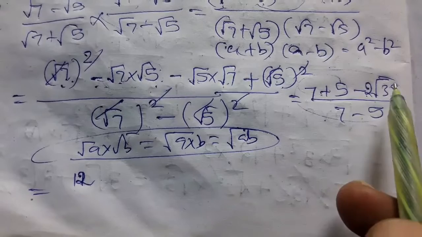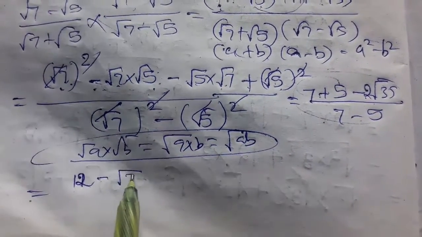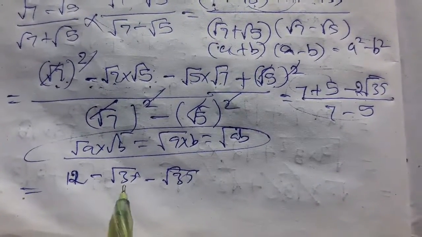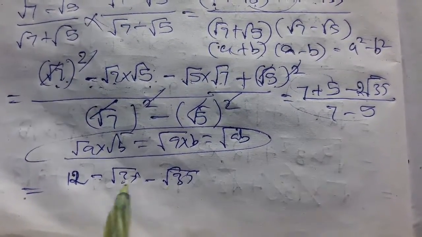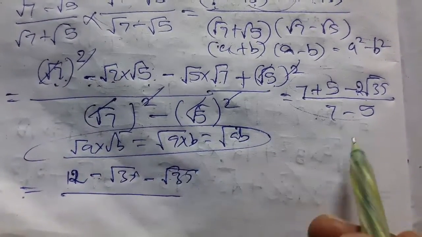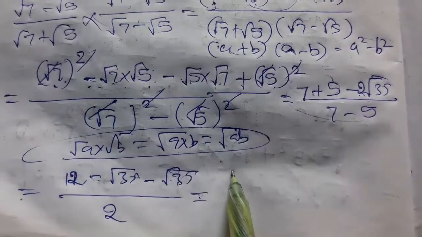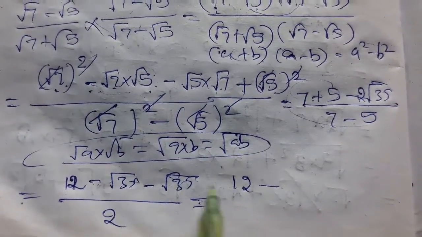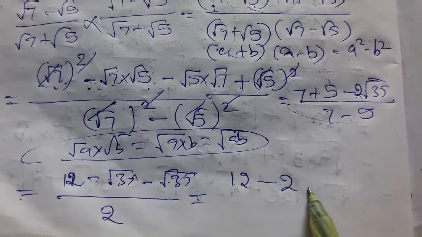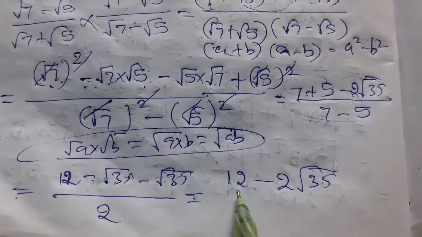See here, this is minus root 35 and minus root 35, isn't it? Now the denominator, 7 minus 5 means 2, isn't it? This can be written as 12 minus, both are having 35, so minus 2 under root 35. I have written this one directly.